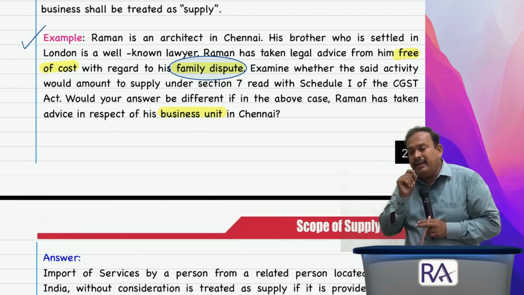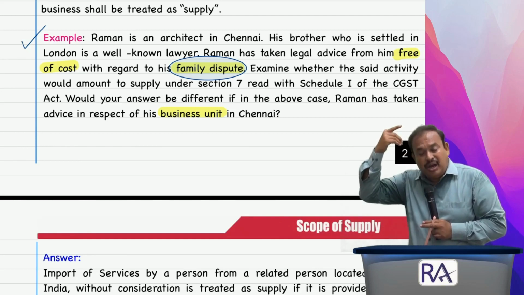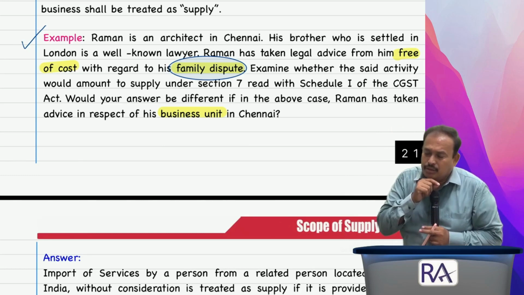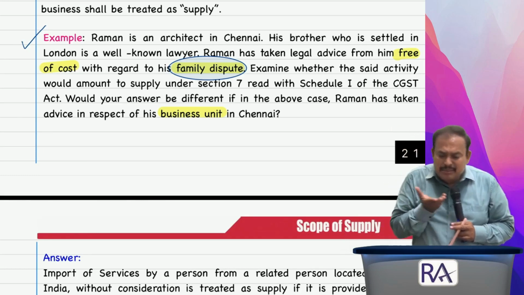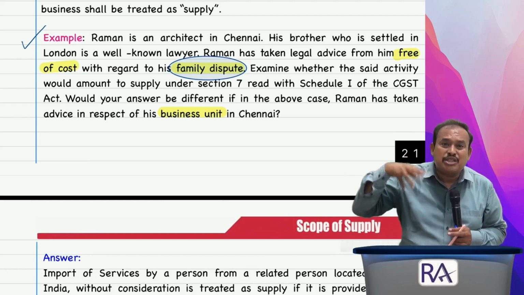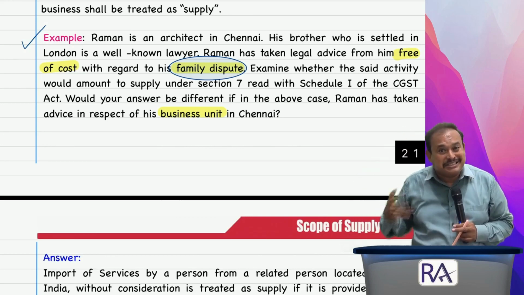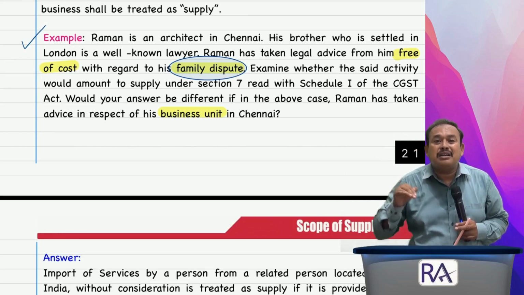Now tell me, Raman's brother, a well-known lawyer in London, is he dependent on Raman? No. Raman is a businessman. Is he dependent on his brother? No. As long as there is no relationship between Raman and his brother under the GST law, they are not related parties.